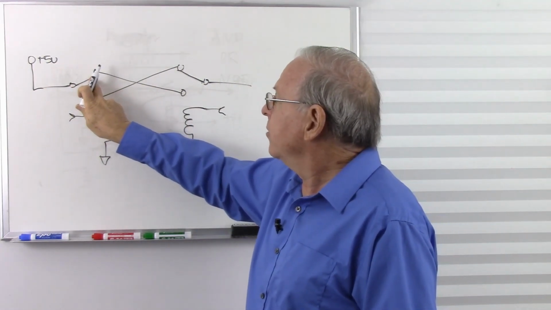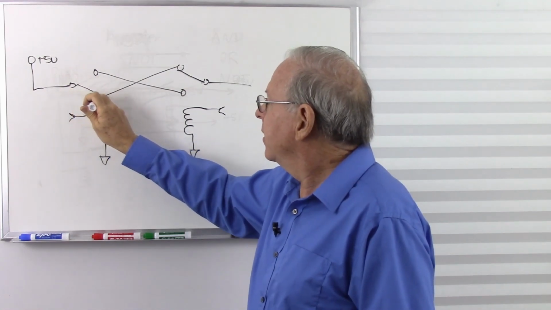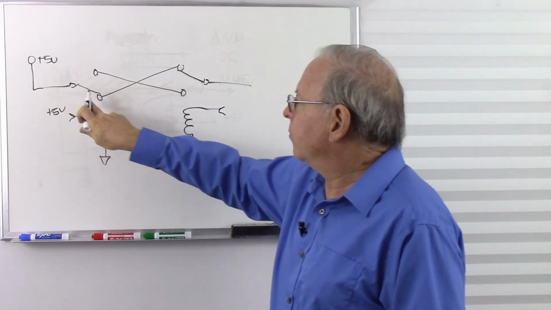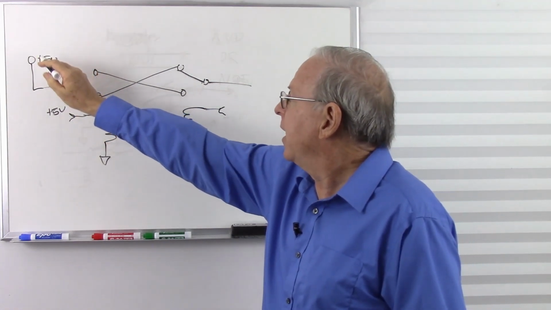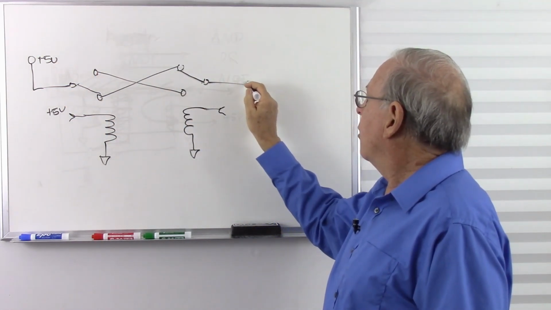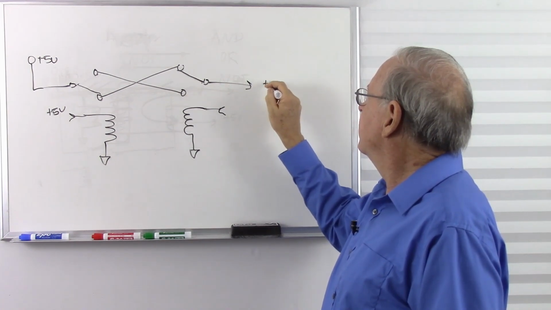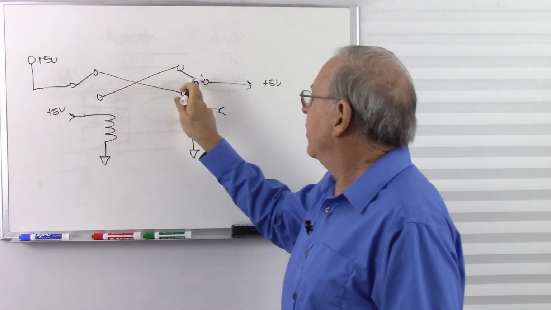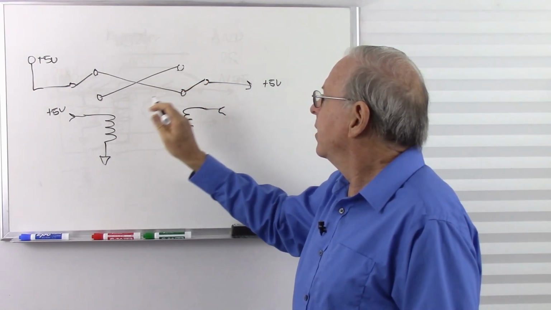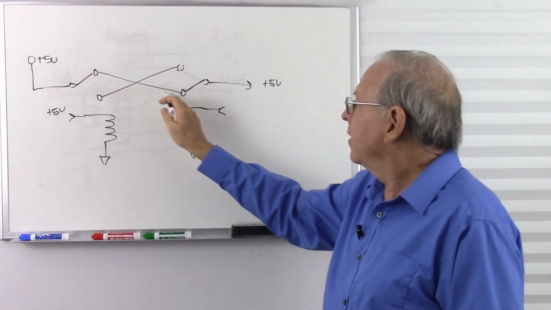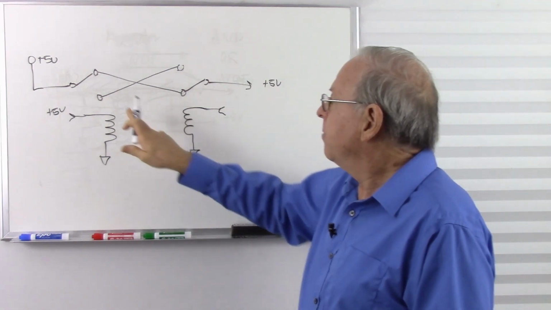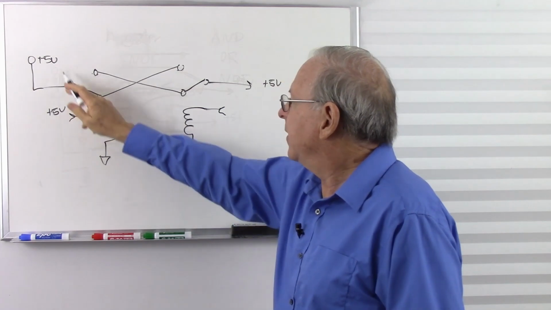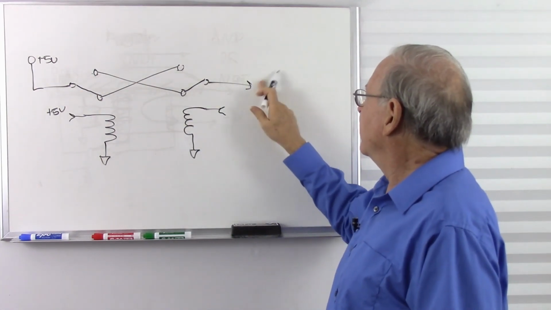If we energize this one, so I've put my plus 5 volts there, that energizes this relay, and we follow it, we do get an output. If I unenergize that and energize this one, follow the circuit, I get an output. But if I energize both of them, then nothing. That's an interesting function.